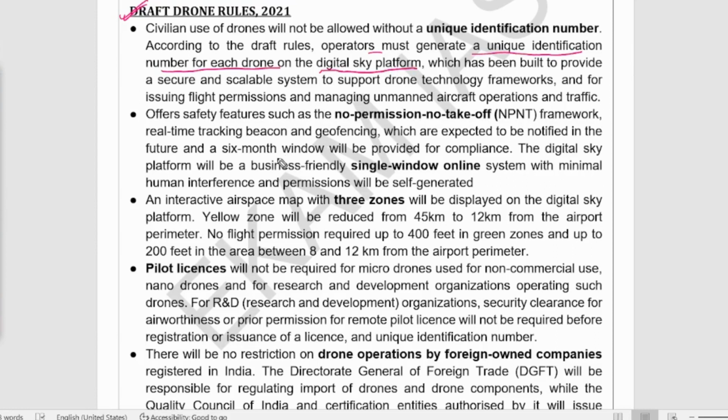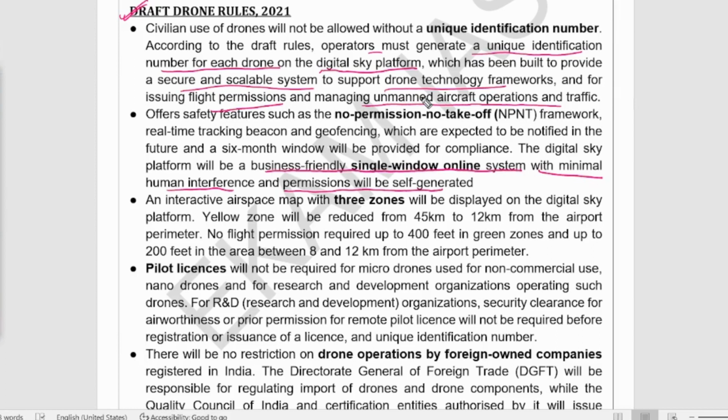The Digital Sky platform is basically a business-friendly single-window online system with minimal human interference, and permissions will be self-generated. It has been developed to provide a secure and scalable system of support to the drone technology framework, for issuing flight permissions, and for managing unmanned aircraft operations and traffic.